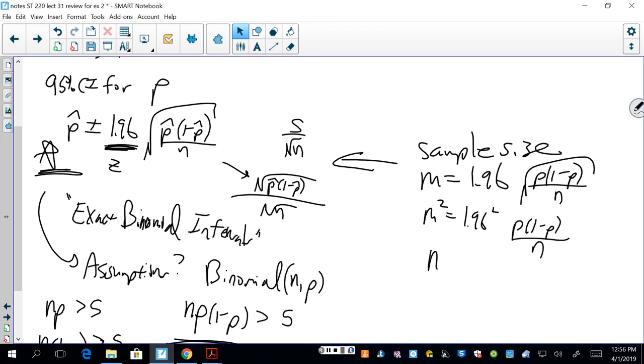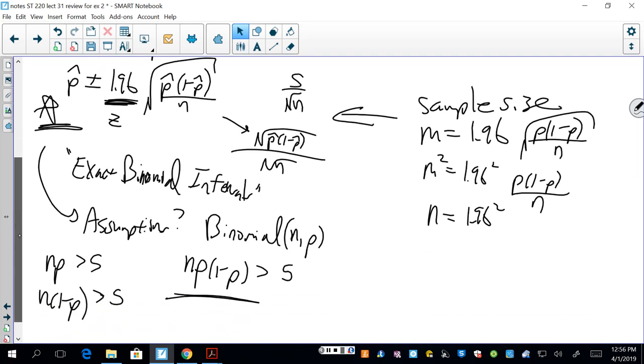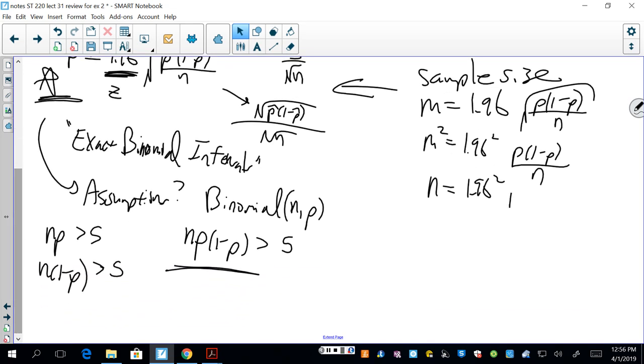Solve for n. n is 1.96 squared times p times 1 minus p, divided by the margin squared. Typically this p times 1 minus p is the biggest when p is 0.5. If we want a margin of plus or minus, say, 0.04 for a confidence interval, you could plug those values in there and get a sample size.